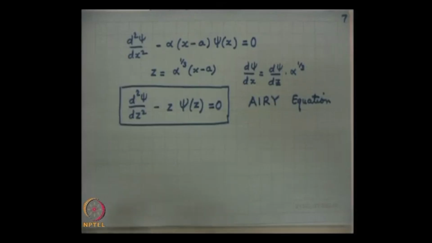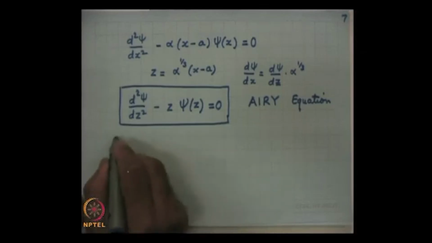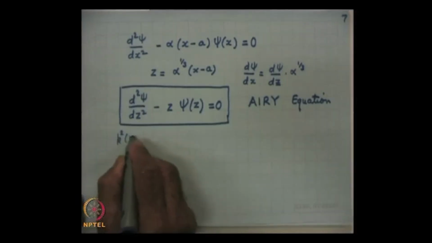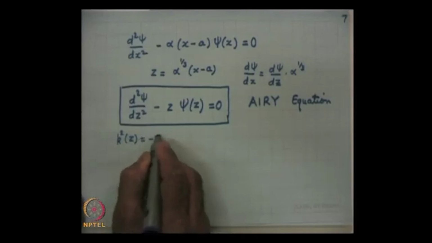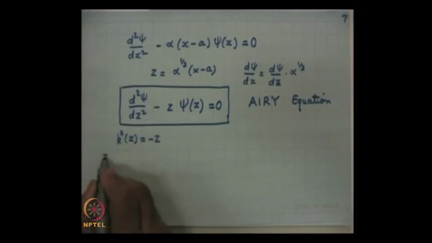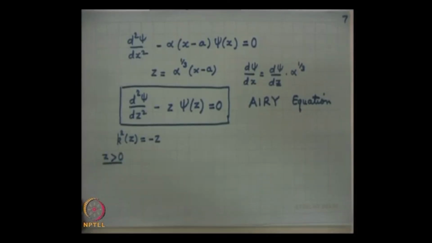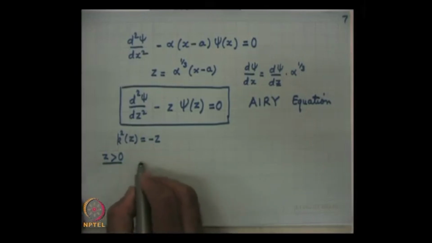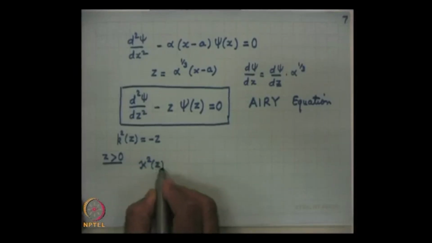Now, first let me write down. So, here in this case k square of z is equal to minus z. So, for z greater than 0, I must write k square of z is equal to minus kappa square of z, and kappa square of z will be equal to plus z.